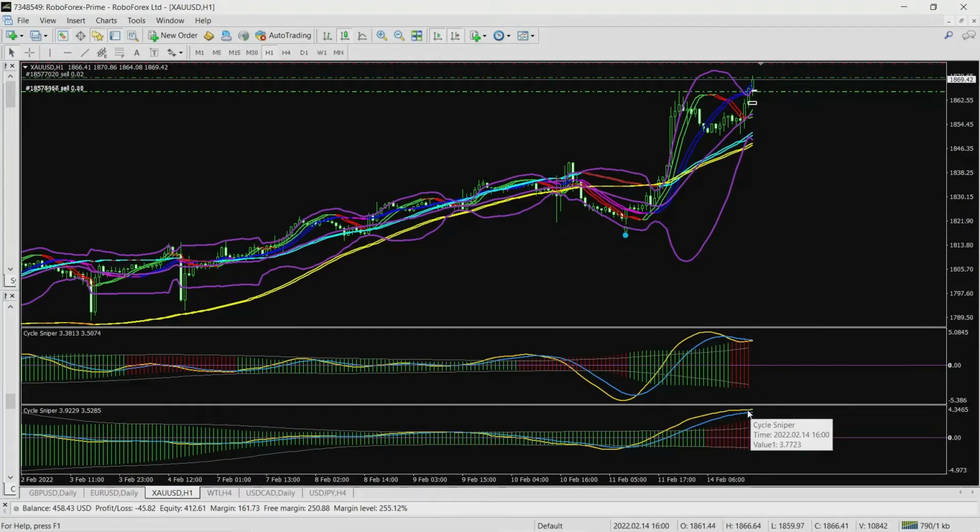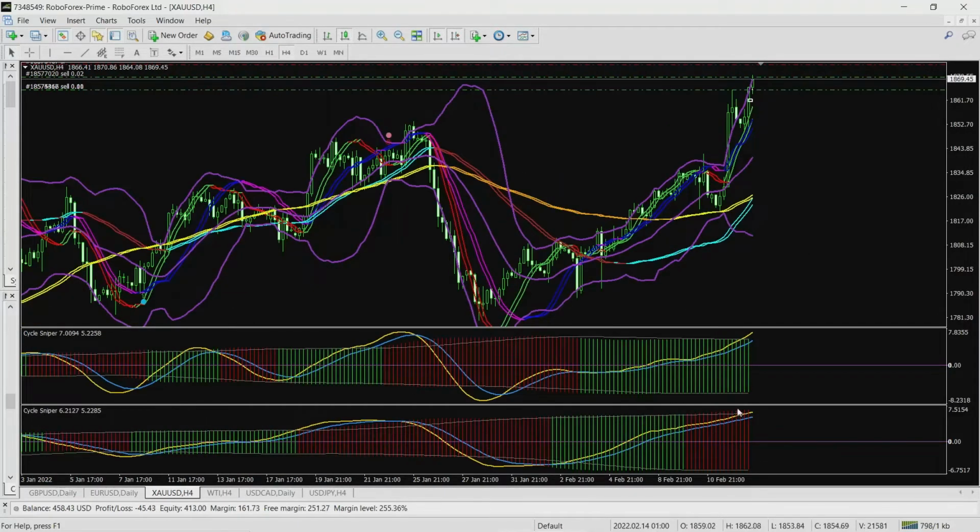Set 2 is overbought. Similar 4 hour chart. Set 1 is almost overbought. And this is telling us that a big sell-off is coming on the way.